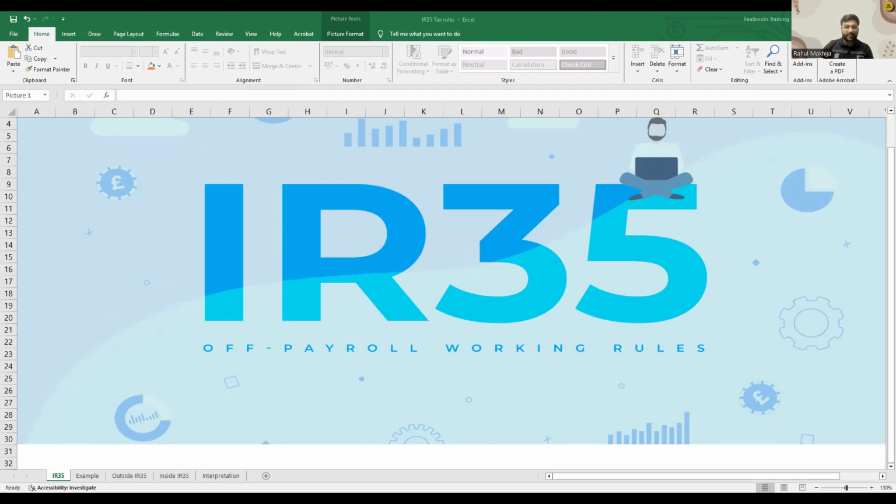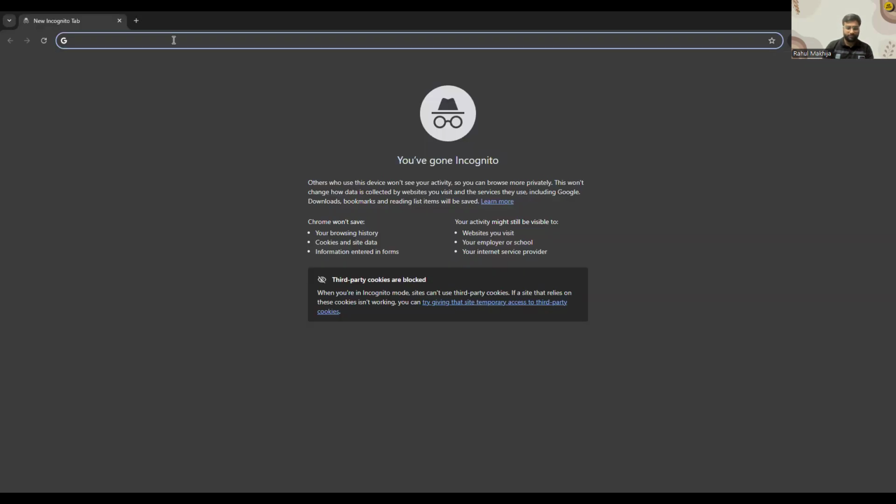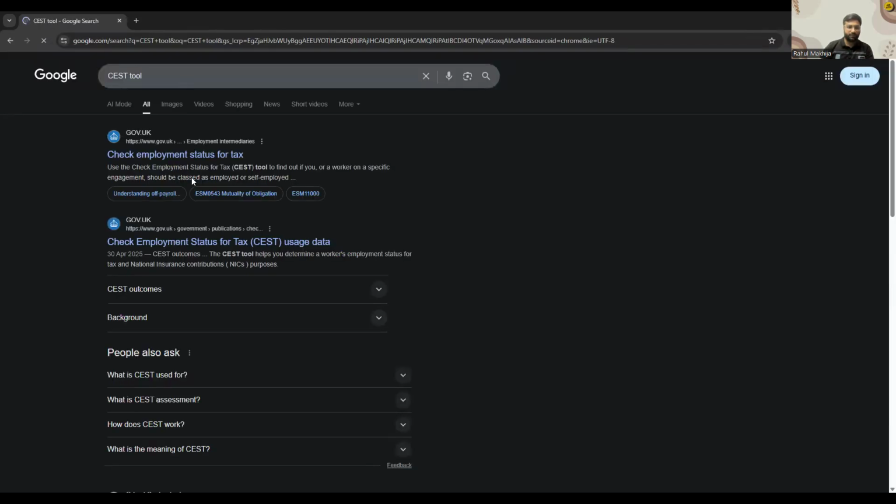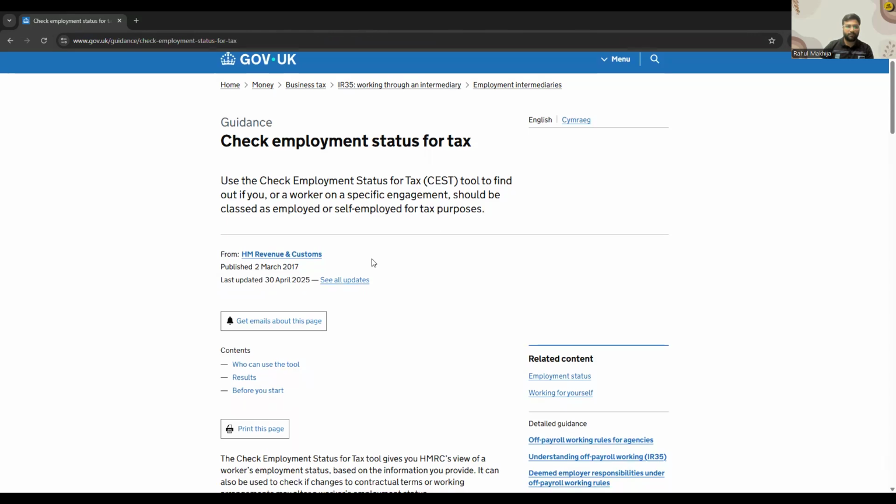Now, let's take an example and let me show you a CEST tool where you can check whether you are inside or outside IR35. Let me share my screen to the web browser. You can Google the term CEST tool, check employment status.